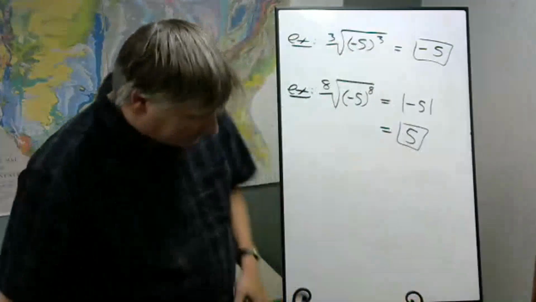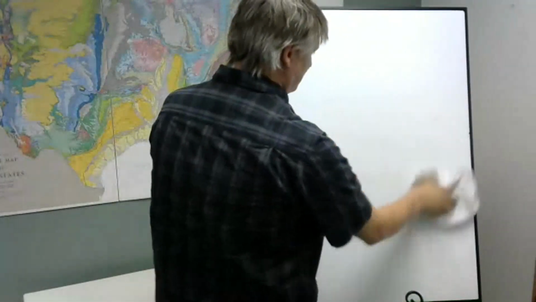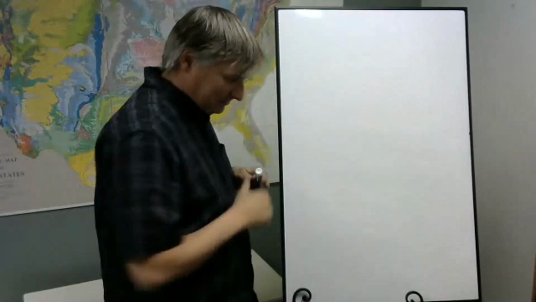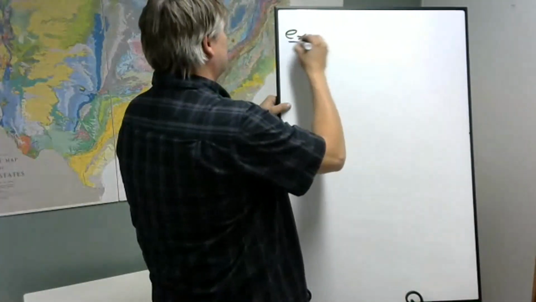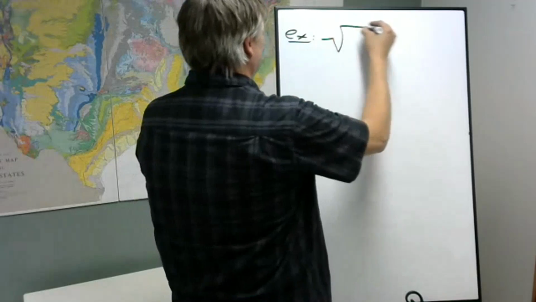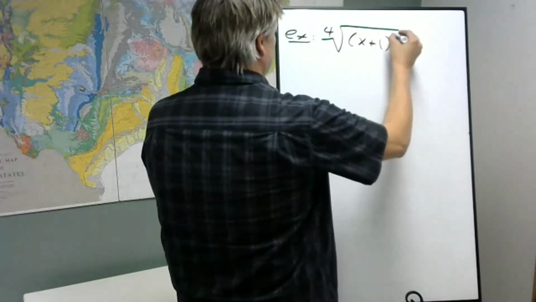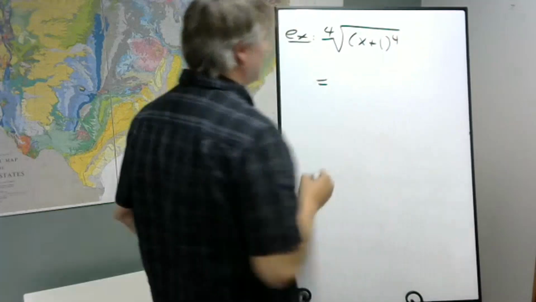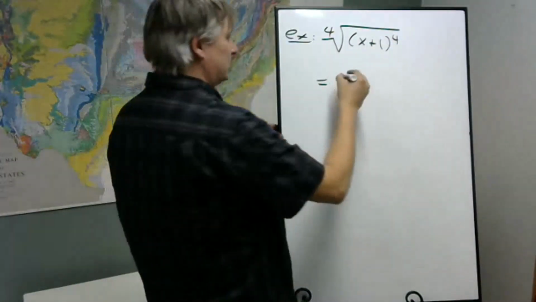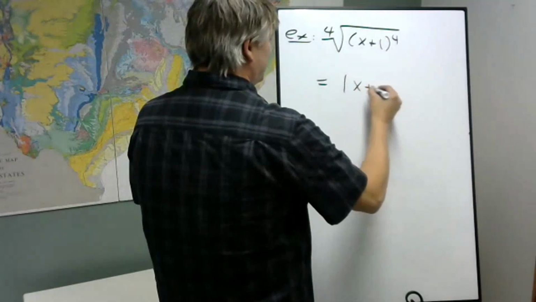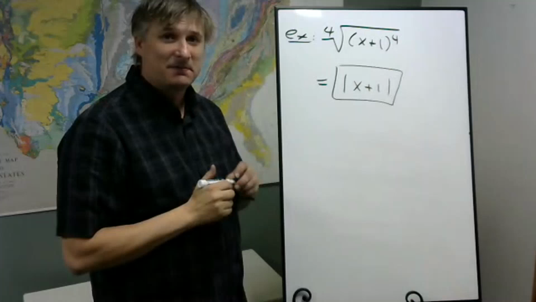And so that means if we have something like this, even root, even exponent, we're going to get the absolute value of what's on the inside.